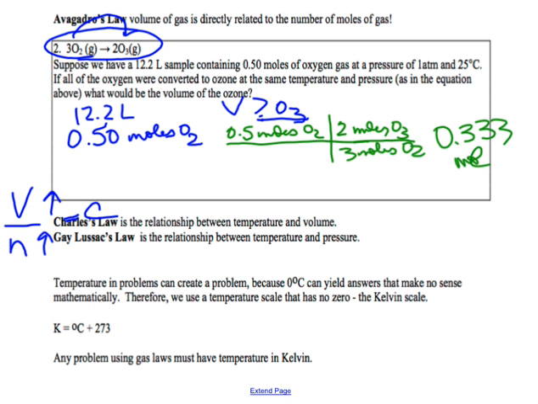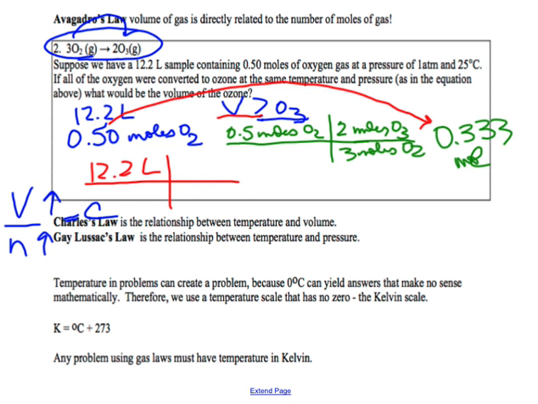What are we going to do with those moles? We're going to put them in the same type of ratio setup we had earlier. We start with what we're looking for. What are we looking for again? Volume. So we're going to start with 12.2 liters. What happened to moles? Decreased. If moles decrease, what has to happen to volume?